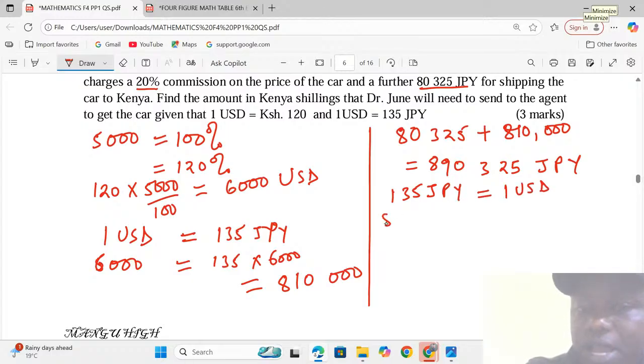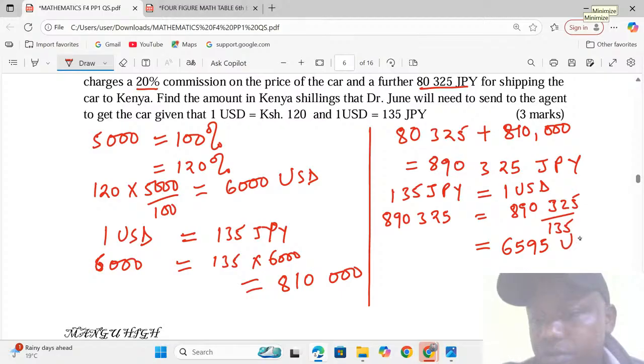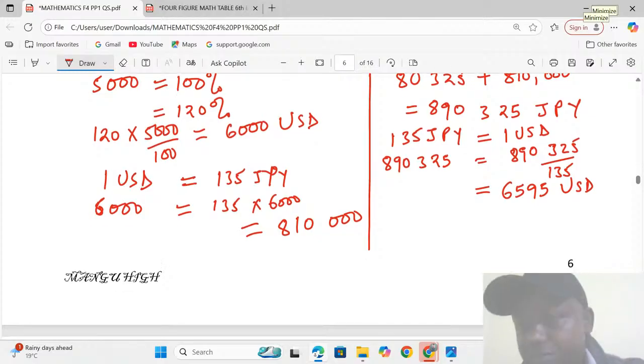What about 893,250 Japanese yen? Should be 893,250 out of 135. So when we divide by 135, I'm getting 65.95 US dollars.